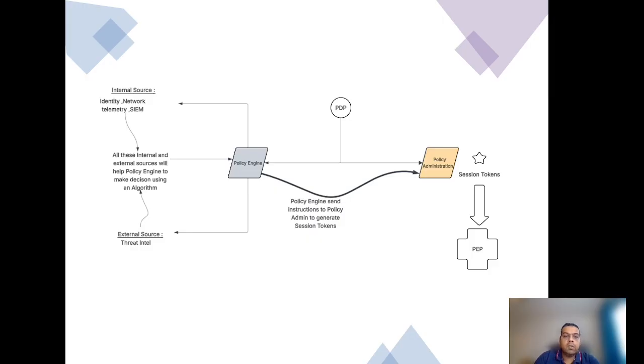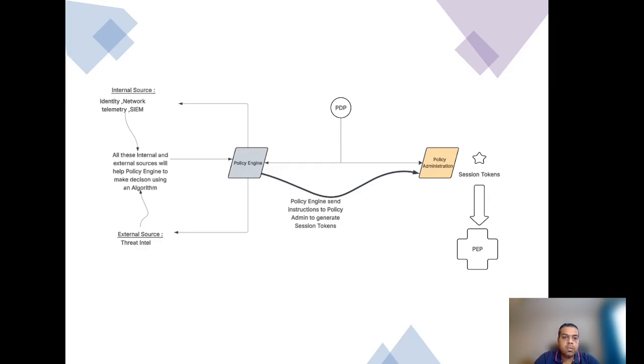Now, this particular slide talks about particularly the PDP. PDP is basically split into two main parts, I would say. One is called the policy engine, the other one is called the policy administrator. So, policy engine is basically the actual brain of the PDP. It gathers all the contextual data from internal and external sources.